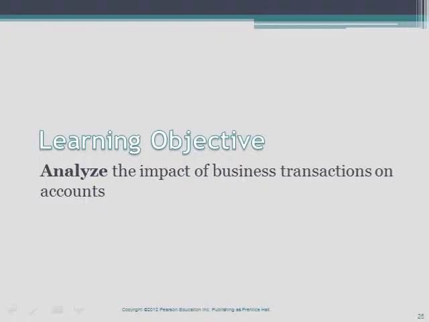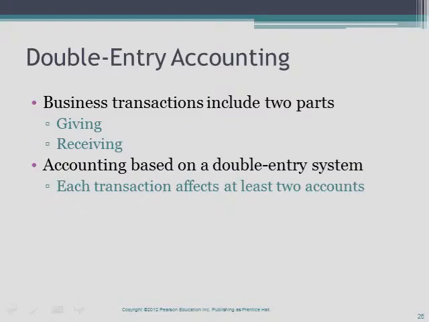So our next objective is to analyze the impact of business transactions on accounts. All business transactions include two parts, and you recall this from earlier. We give something and we receive something. And you can see in each of the examples that we just talked about, we were selling services and receiving cash, or receiving a promise to pay.